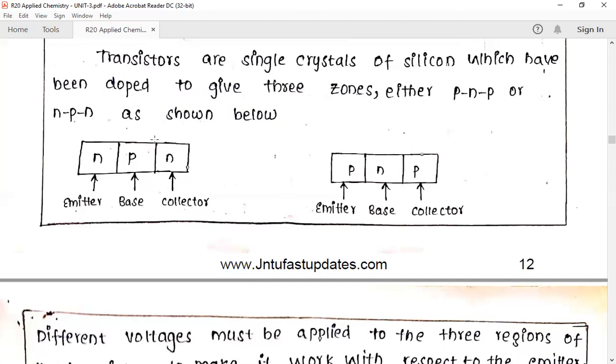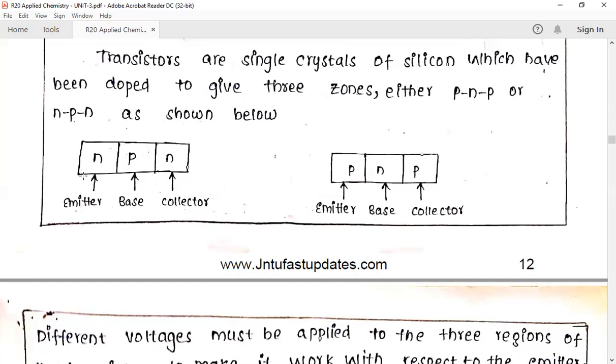The emitter base junction is forward biased, whereas the base collector junction, which is considered as junction 2, is reverse biased.